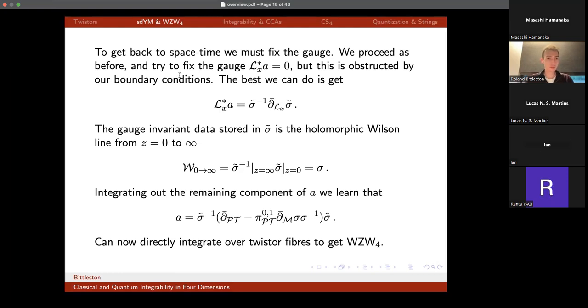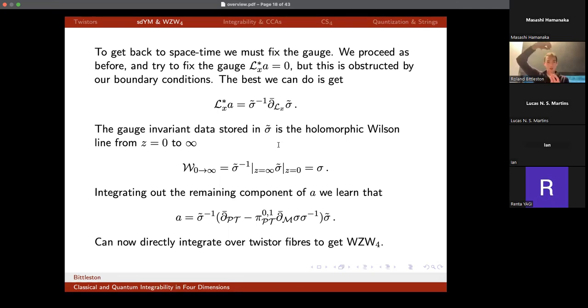They have to be trivial at z equals 0 and infinity. The best we can do is we can get it in pure gauge for some frame field sigma tilde. And there's some gauge invariant data stored in sigma tilde. And that data is the holomorphic Wilson line, which takes us from z equals 0 to infinity on this P1.